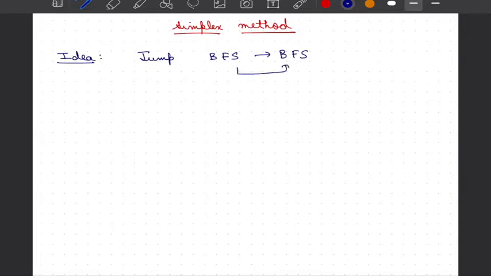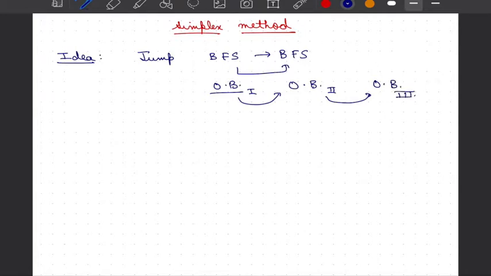in such a way that whatever value of the objective function we obtained at the first iteration, we keep on improving as we are jumping from one basic feasible solution to another.